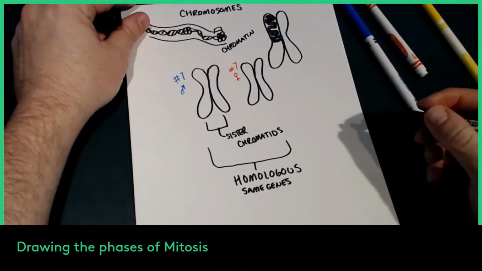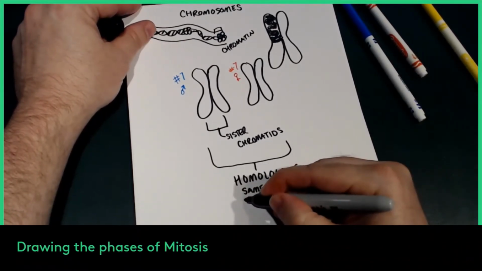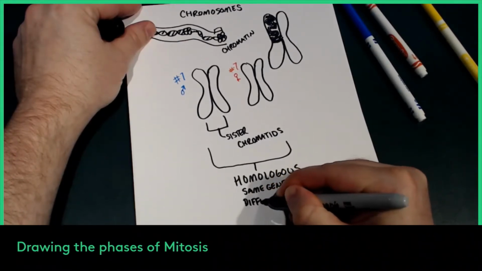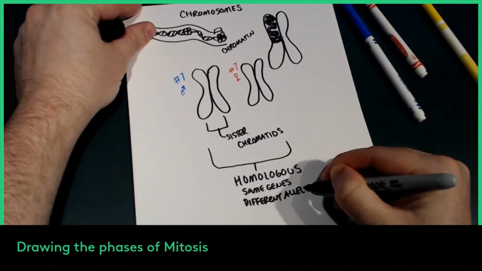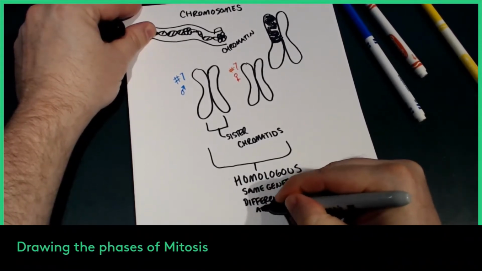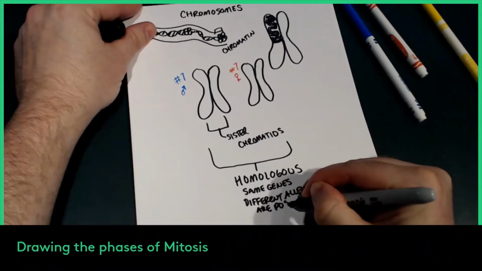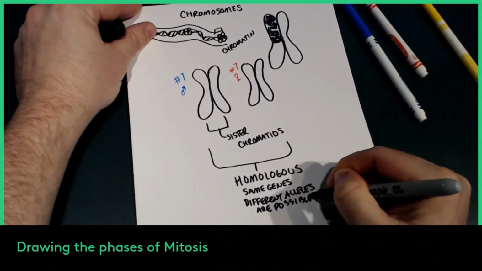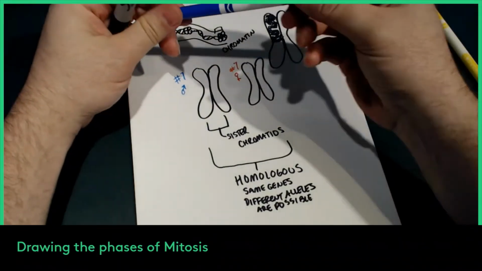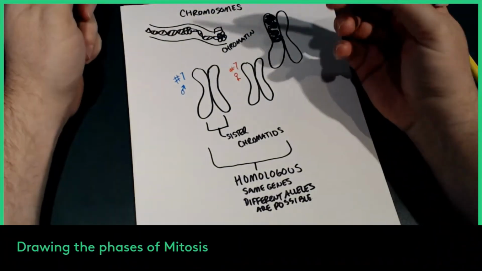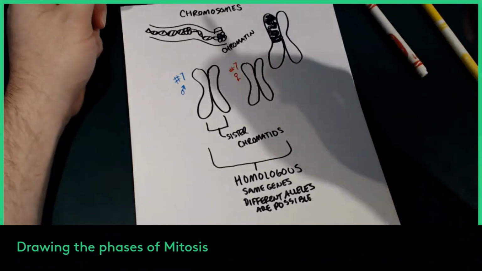Now what you're going to learn with genetics is that it could actually be something that has different alleles possible. And all that means is this. My dad, for example, had free earlobes, and I don't remember if the gene for earlobe attachment is on chromosome 7 or not.